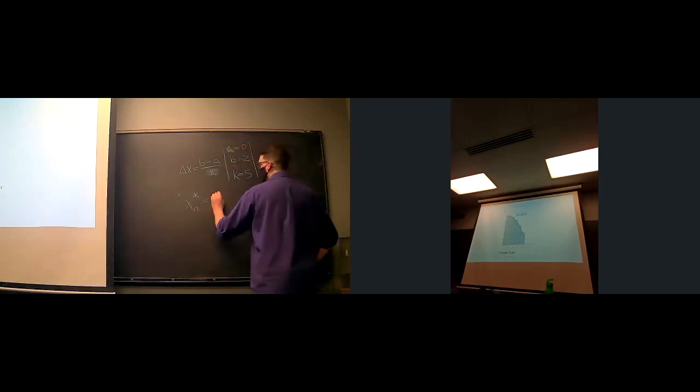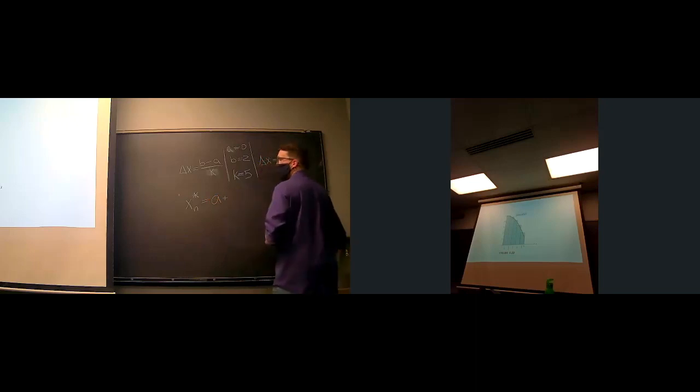Now the rule that they're going to use here is the midpoint rule. So x n star is going to be equal to a plus, we're going so far and then choosing the middle, right?